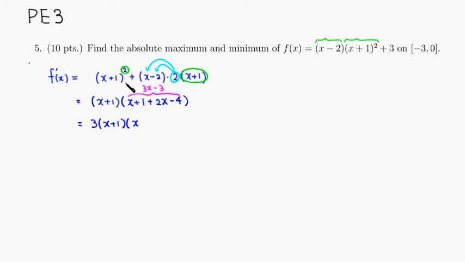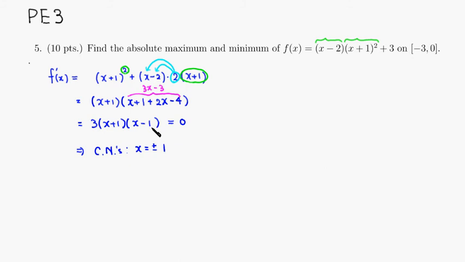Factoring 3 out from -3, you get -1. Now we can set this equal to 0, and this will give us critical numbers, which are x equals -1, and also positive 1, so plus or minus 1.